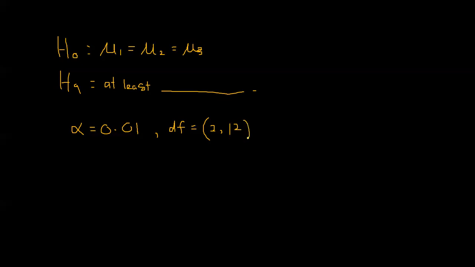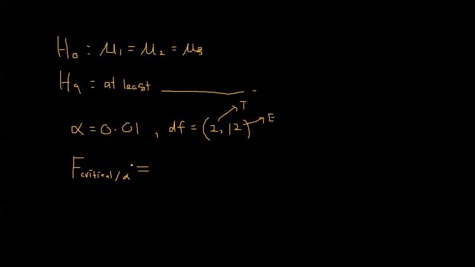So 2 refers to the degree of freedom for treatment and 12 refers to the degree of freedom for error. Now what is the F critical, or F alpha?